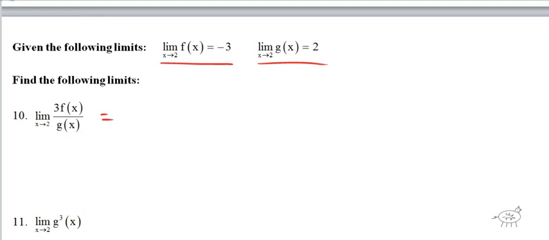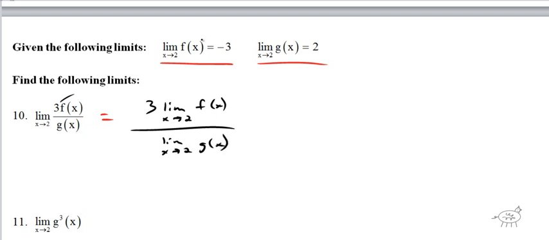I can use my quotient rule and also the constant multiple rule. So I can say 3 times limit as x approaches 2 of f of x divided by limit as x approaches 2 of g of x.